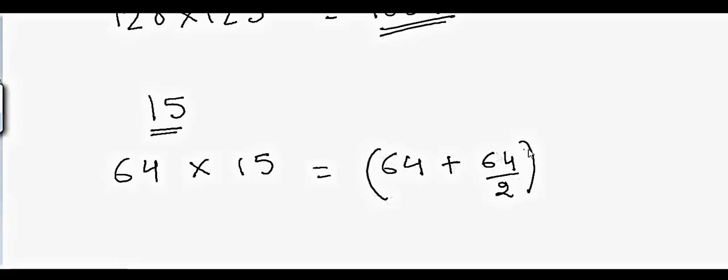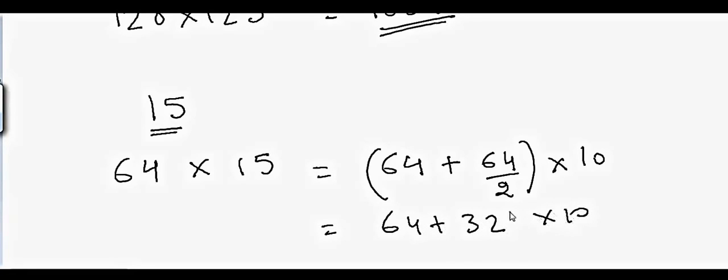So that will be equal to 64 plus 32 into 10, and that's equal to 96 into 10, so 960. Let's do it quickly. Suppose I have 44 and want to multiply by 15. Half of 44 is 22, so 44 plus 22 will be equal to 66, and then a 0, so that will be 660.